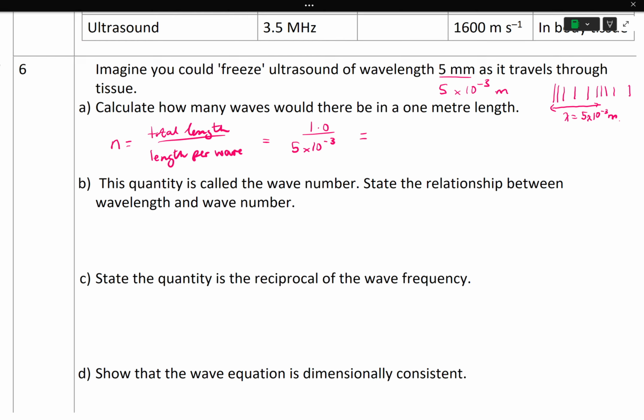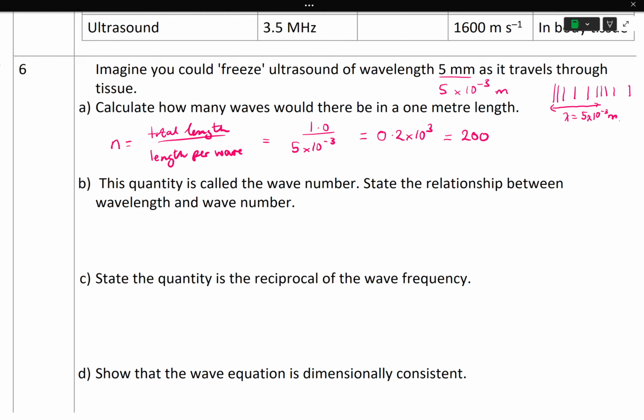So that's 1 over 5 is 0.2, so 0.2 times 10 to the 3, which gives us 200. So that's the number of waves in 1 meter. So it's just a number, so it doesn't have any units on.